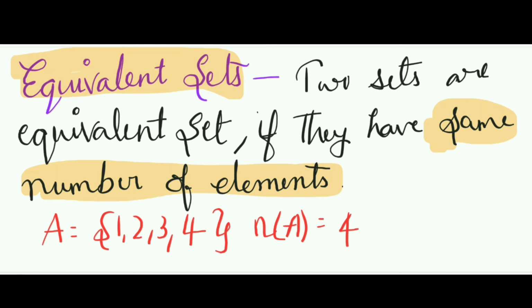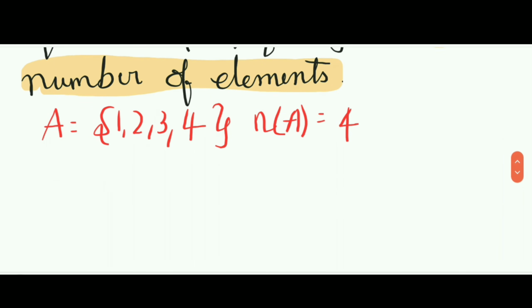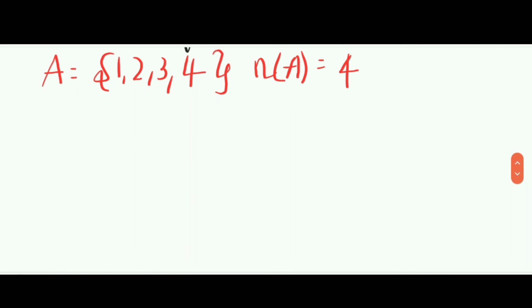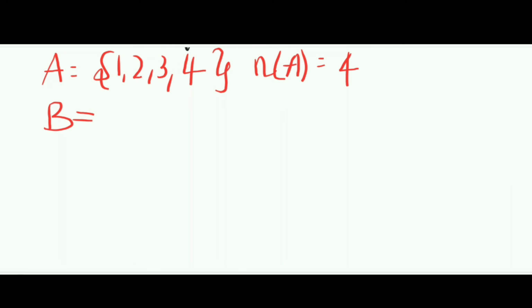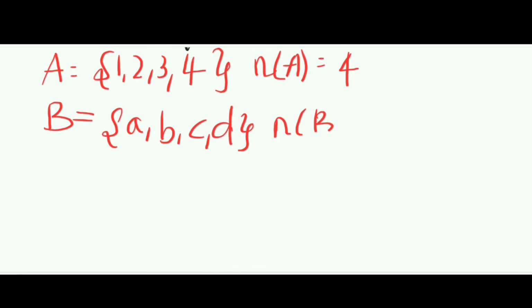Now let me scroll down and explain the example. I will have one more set, B, containing A, B, C, D. So the number of elements in B set is how many? 4.